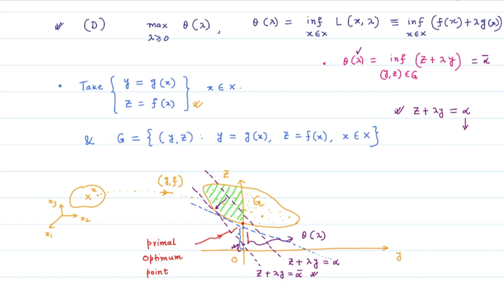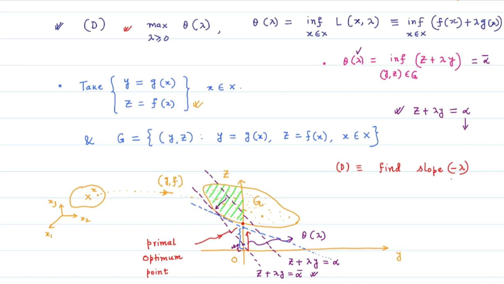The maximum most value of all these z-intercepts of the supporting lines will give us the solution to this dual problem, right? And therefore, the dual problem is essentially equivalent to finding the slope minus lambda of all these supporting lines, or in the higher dimension supporting hyperplanes, such that those intercepts on the z axis is maximal.